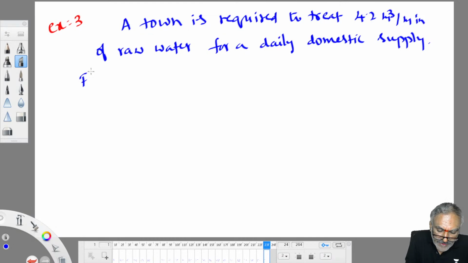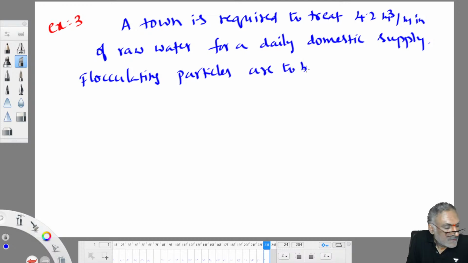Flocculating particles are to be produced by chemical coagulation.